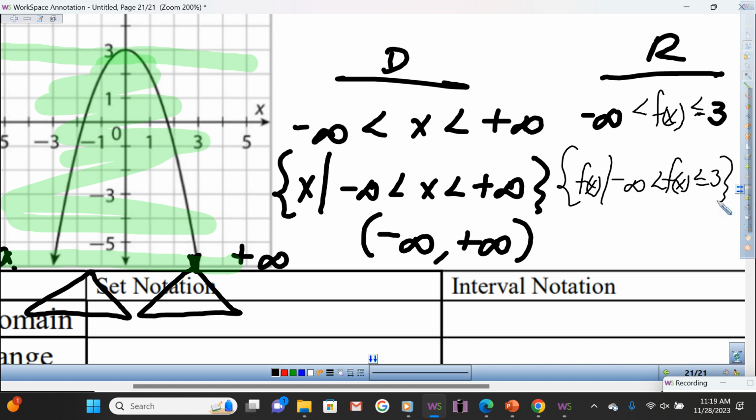All right, and tell your neighbor the interval notation for that. Martin, pass him one. Brandon, Felix, go. Oh, it's positive, yeah, it's positive 3.